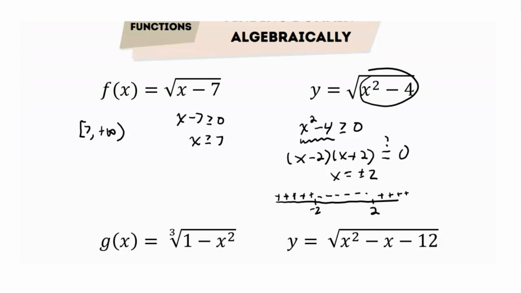Looking at our number line test, my answer in interval notation for x squared minus 4 greater than or equal to 0, the domain, would be from -infinity to -2. We include -2 because it can equal 0. Union +2 to +infinity. That would be our domain for the second one.